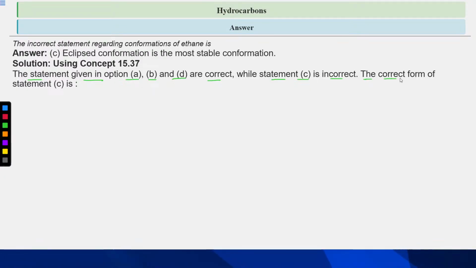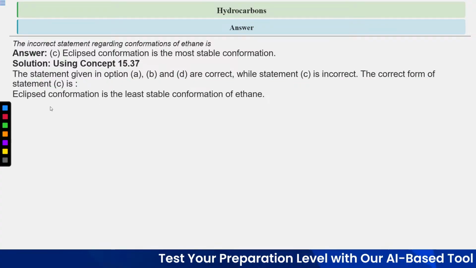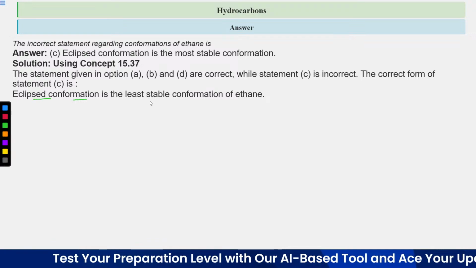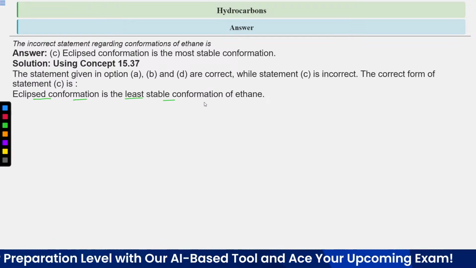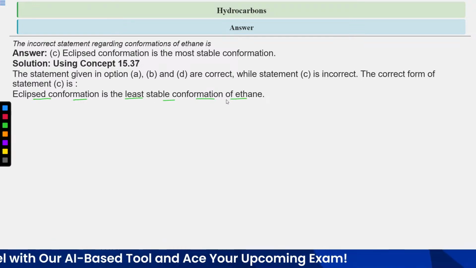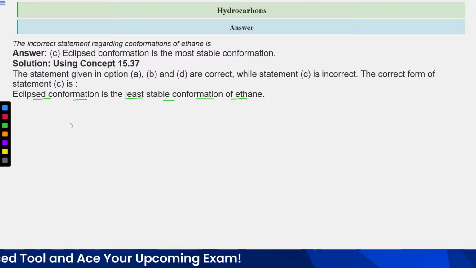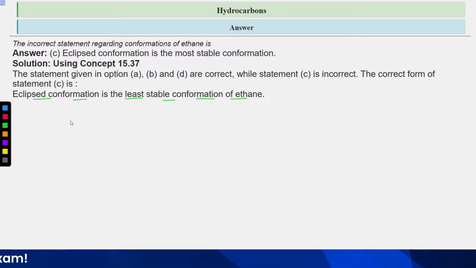The correct form of statement C is: eclipsed conformation is the least stable conformation of ethane. So it is not the most stable, but it is the least stable conformation of ethane. So this is the correct statement for option C.